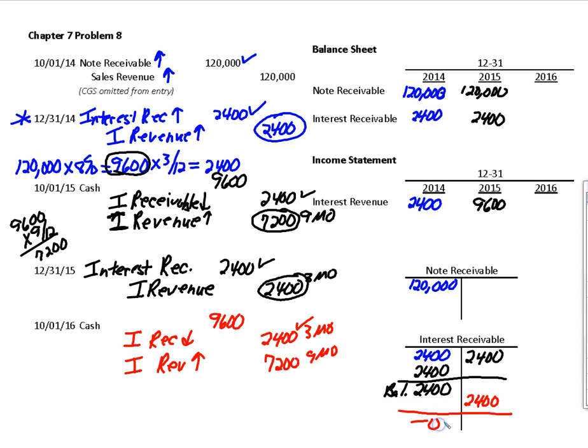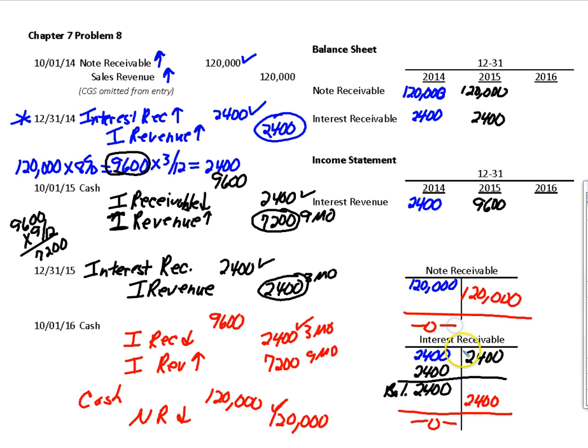That zeroes out. The other thing that happens on this date is this is the end of the life of the note. So now we're going to collect this $120,000 as well. So in addition, we have an entry for cash coming in, $120,000. And we're going to remove our notes receivable of $120,000. Let's post that credit to notes receivable, and we can see now it will zero out.